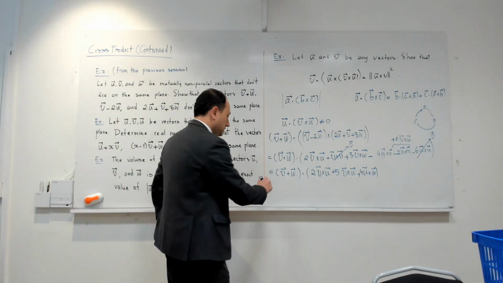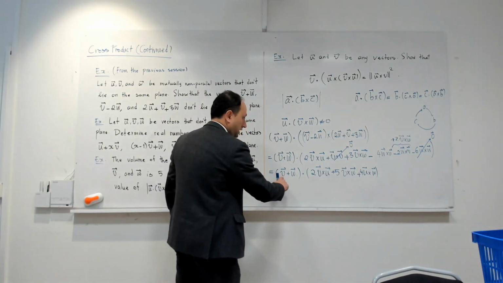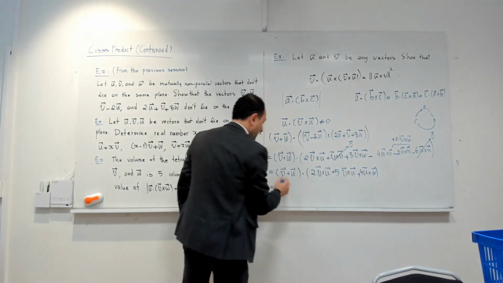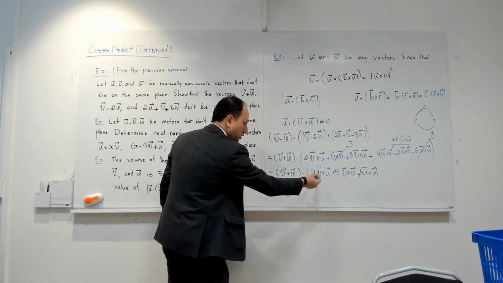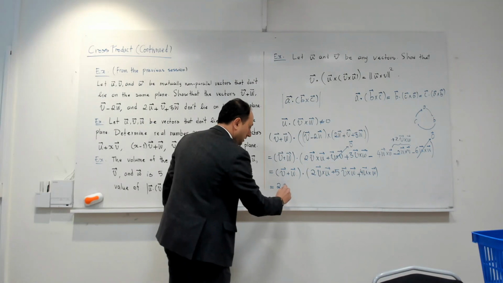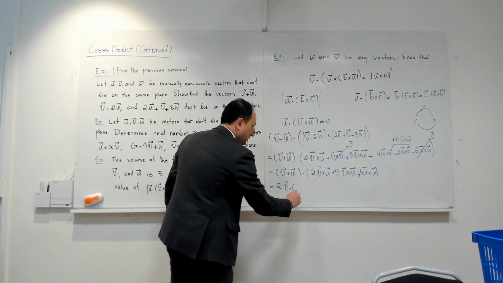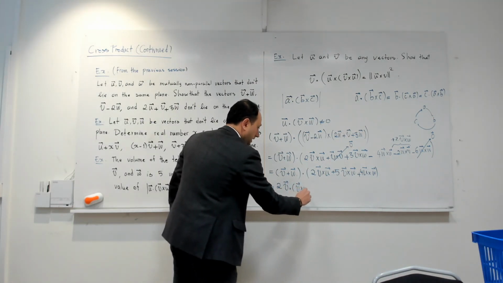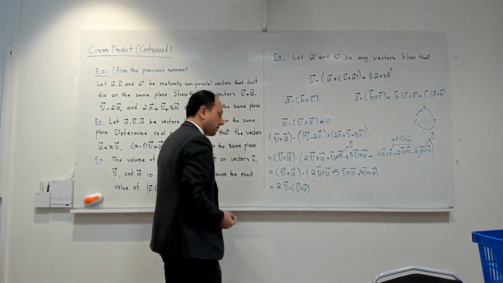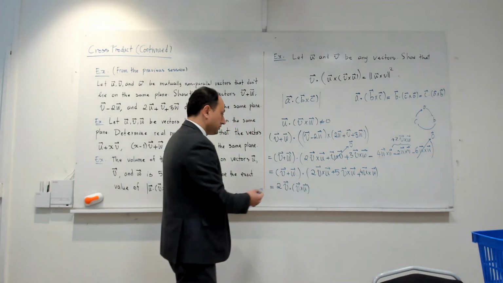So what happens, I have to take it and multiply it here, here and there. So this becomes 2, it's a number, so I will bring it out, so it becomes V dot V cross U. It becomes another combination of triple product.